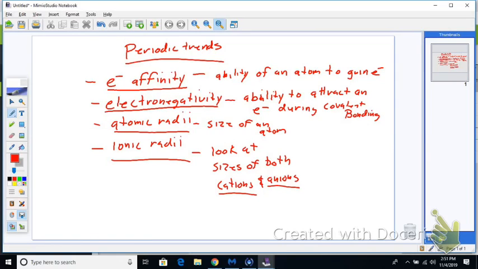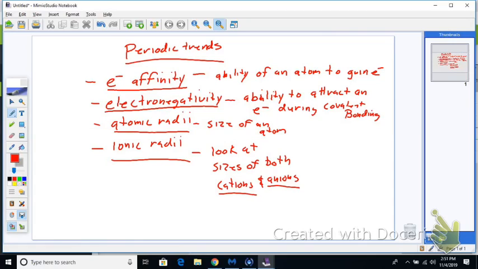So the first thing we'll look at is electron affinity. Okay, do you guys have a textbook? You want to open up to pages that talk about electron affinity. Electron affinity is measured by how much energy it gives off when it pulls in an electron.